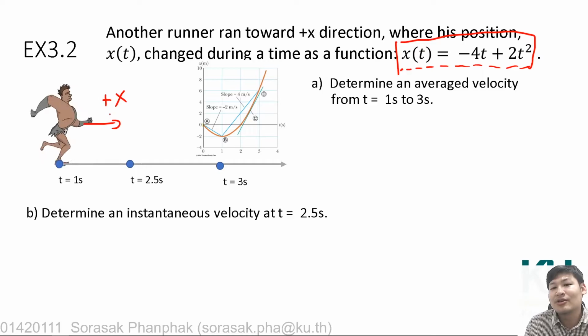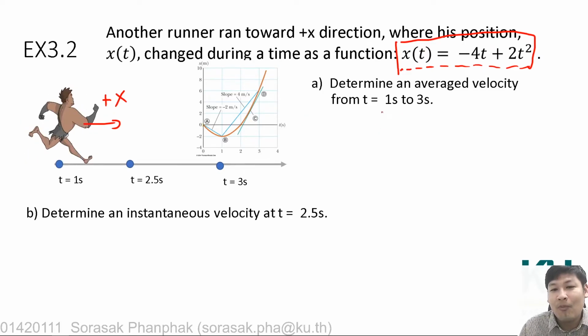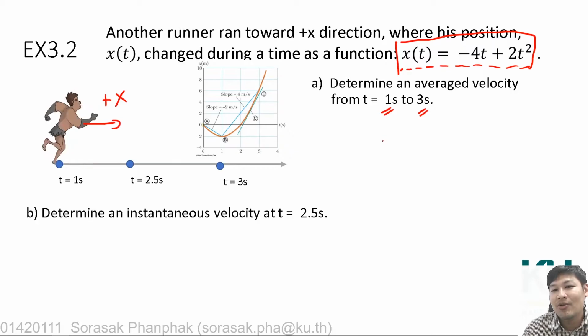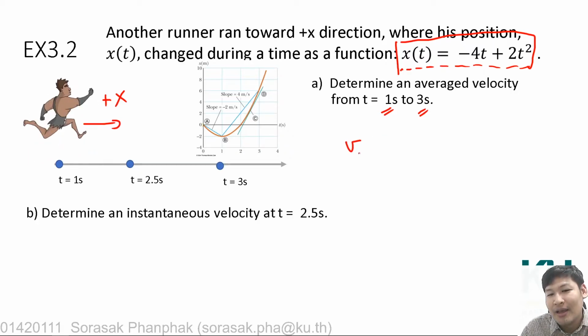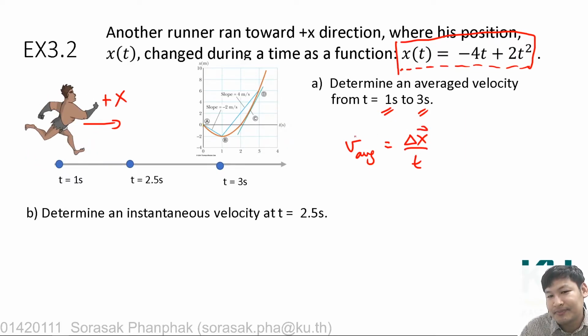So if you would like to determine the average velocity from 1 to 3 seconds, this is the point 1 second to 3 seconds. What you would like to find, you have to find the displacement and divide by time, right?